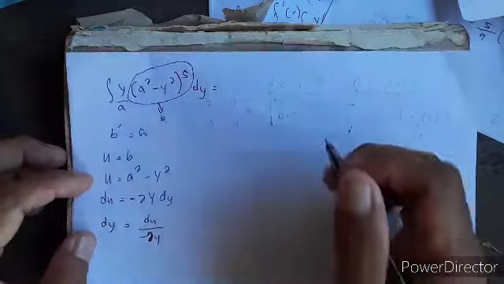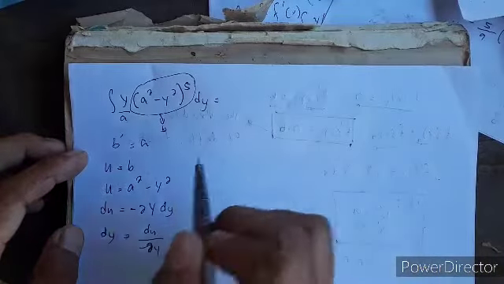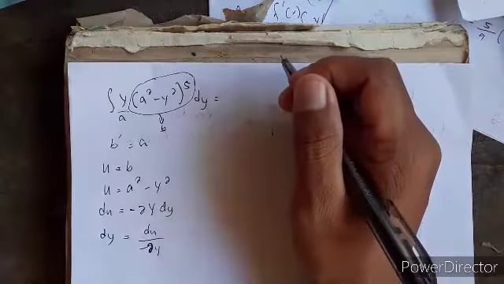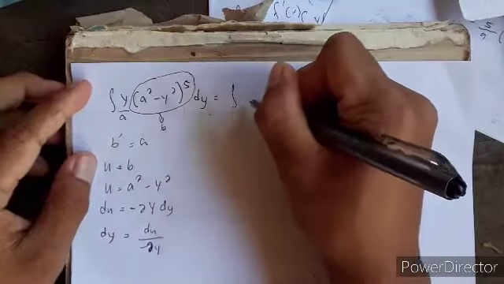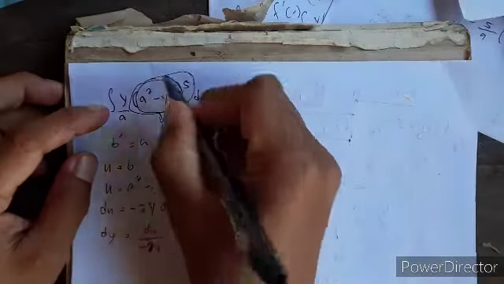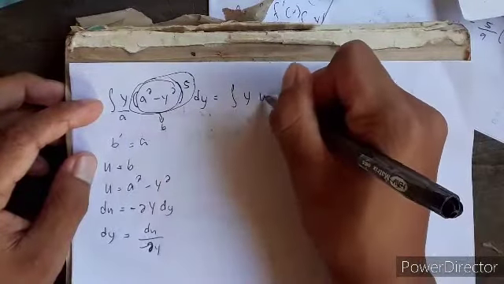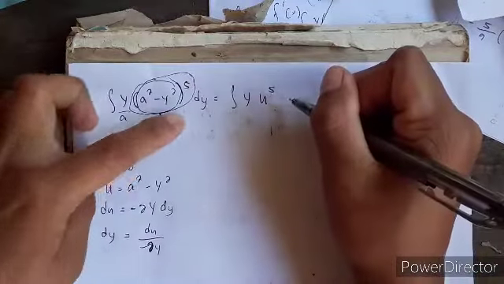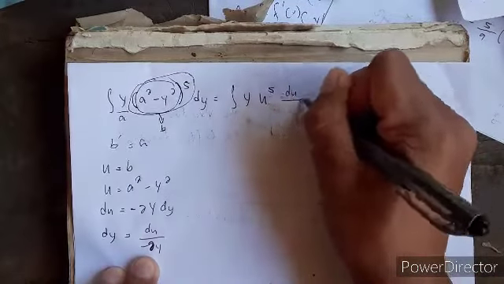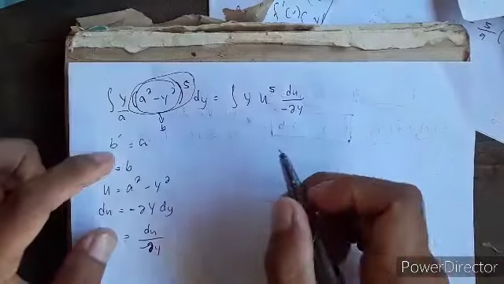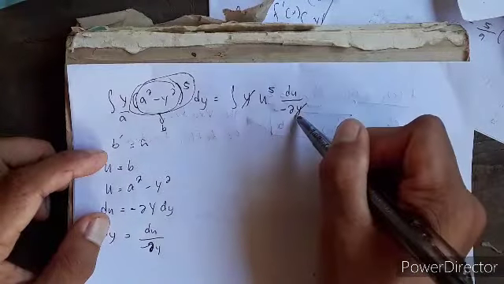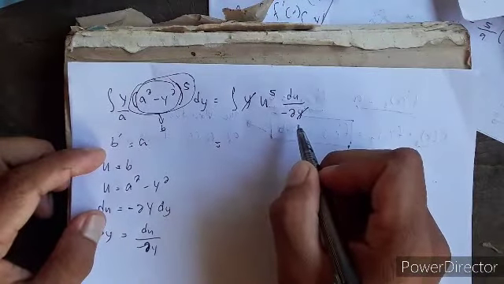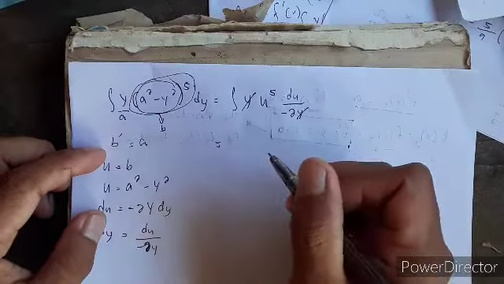By substituting our represented values into the original equation, we have the integral of y, and this thing is u, raised to the n power, which is 5, and our dy here is du over negative 2y. As you can see, you can cancel out the y, and what remains is a constant of negative 1/2 that we can isolate outside the integral sign.